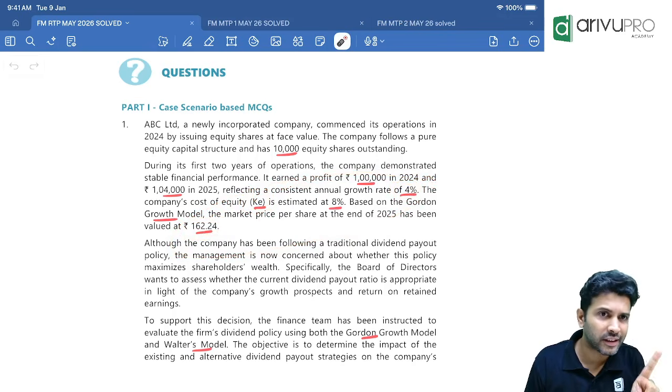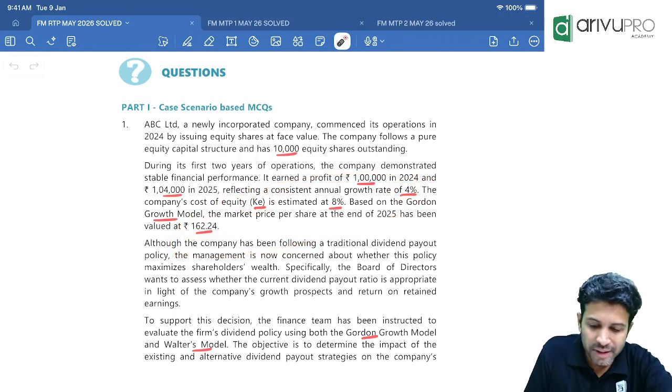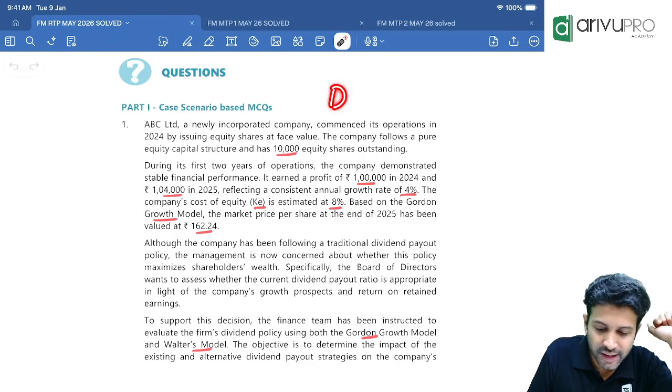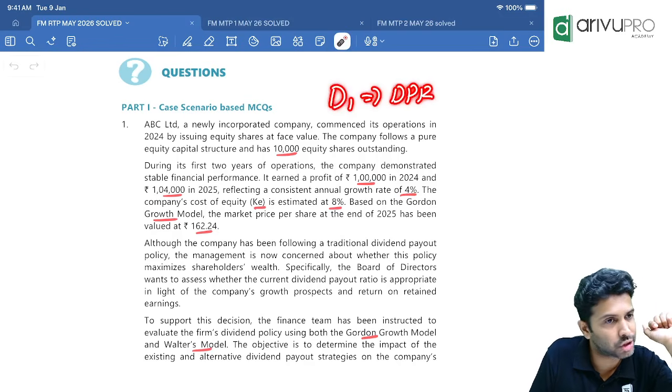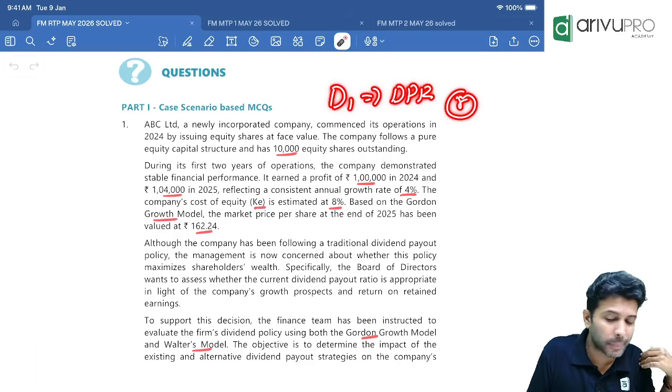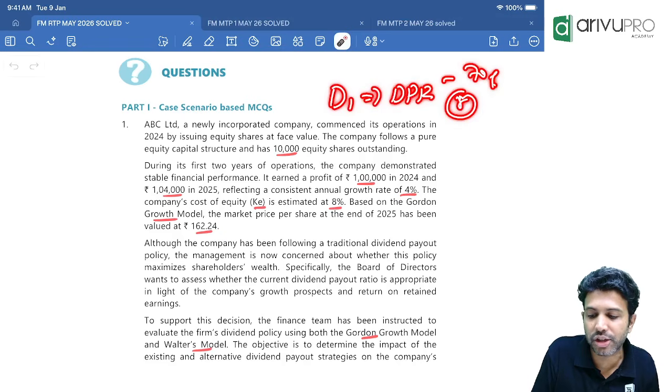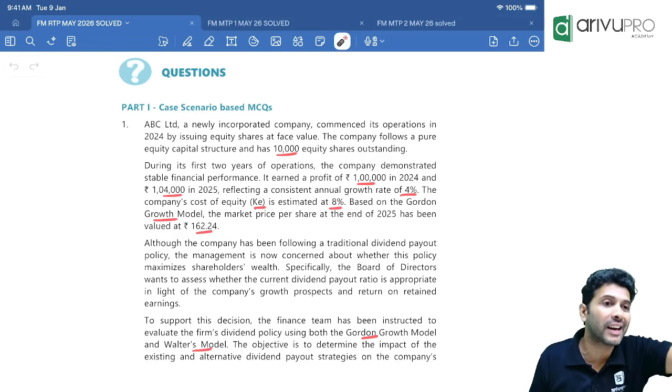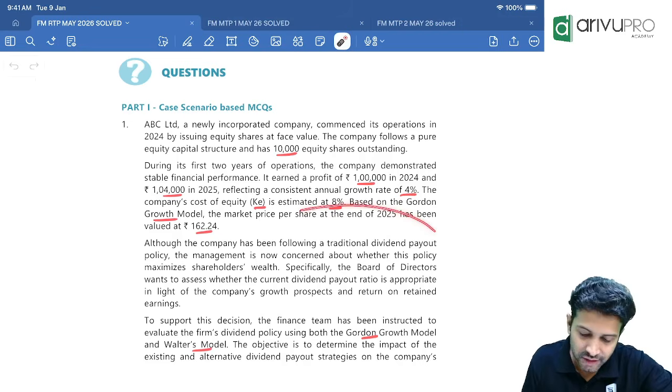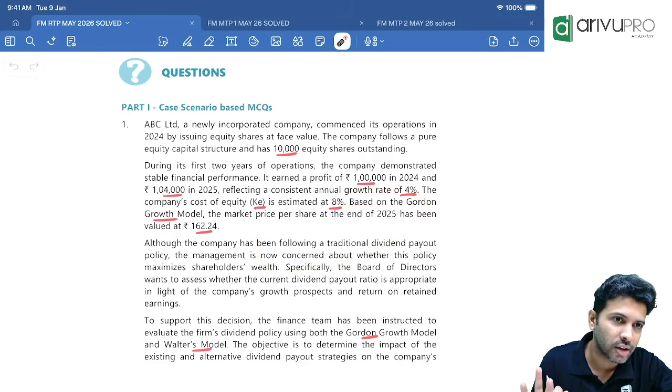Dividend is expressed on EPS, so if I can find the dividend payout ratio, I can find the retention ratio also. If 70% is the dividend payout ratio, then the retention ratio B will be the balance 30%. That is our clue. So can we do it now?